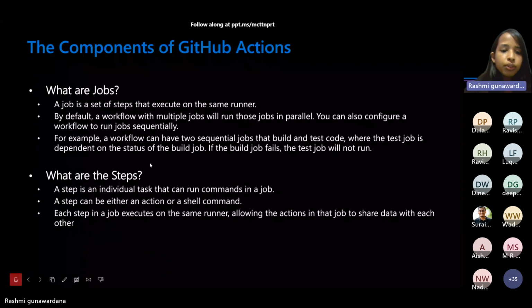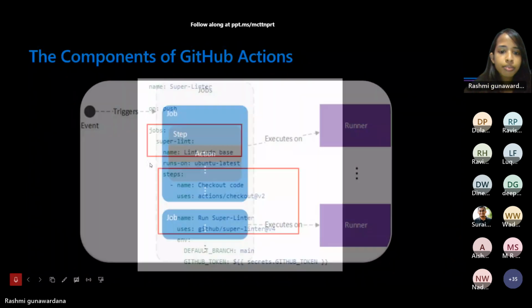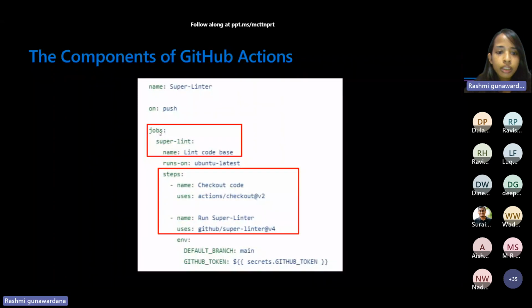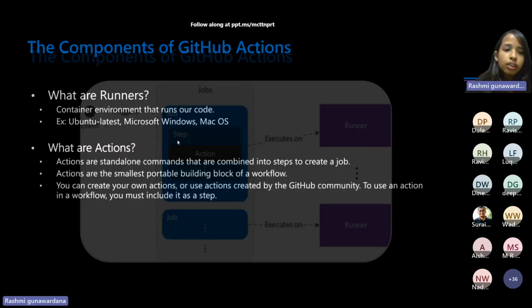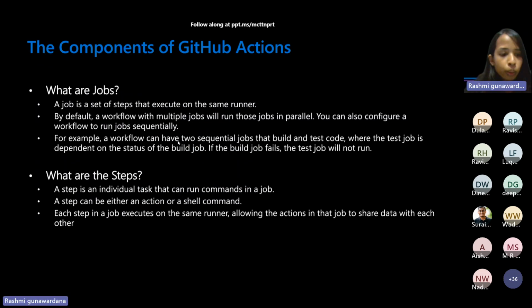But simply, if we take the code, here you can see that we have jobs. Under these jobs we have given a name, superlint. I'll explain what this superlinter does in this code, but superlint is the name of this job. Then inside the jobs we have steps.